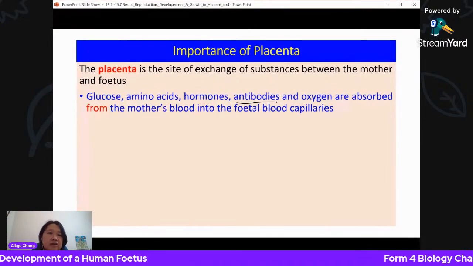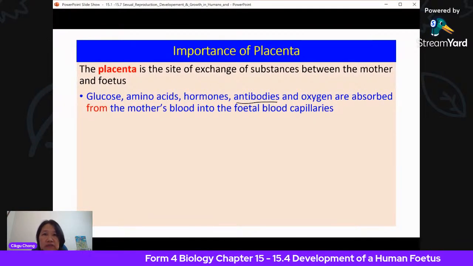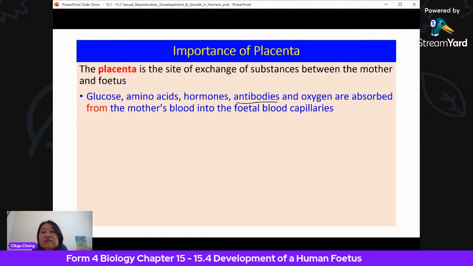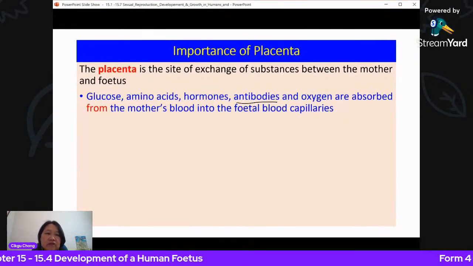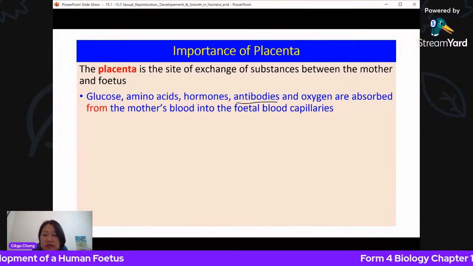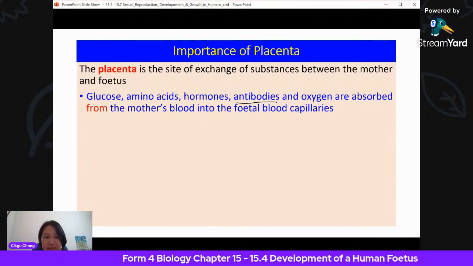So sometimes the mother and the baby can have different rhesus. Some mother can be negative, the baby can be positive, or vice versa, because of the influence from the father. The father could be positive, the mother negative, and therefore the baby can be positive. So these are the things that are able to pass through the membrane of the placenta.